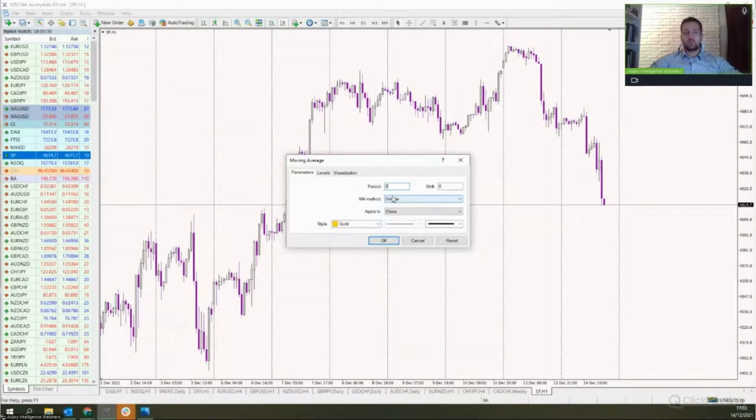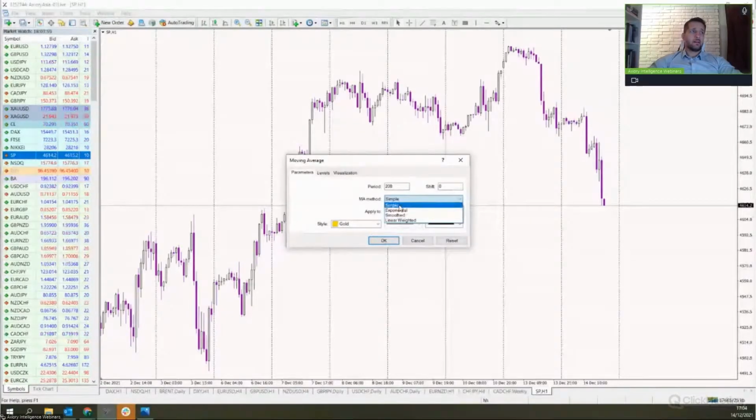This is a short-term, fast moving average. You have 50, which is a medium-range moving average, and you have 200, which is a long-term moving average, and it's like a golden moving average for the trend change. Also, we have different methods of calculation.